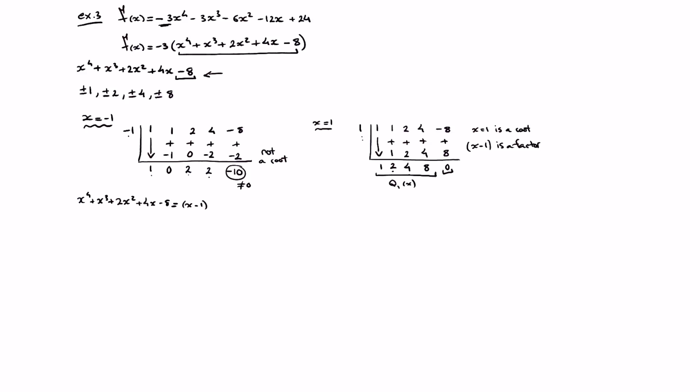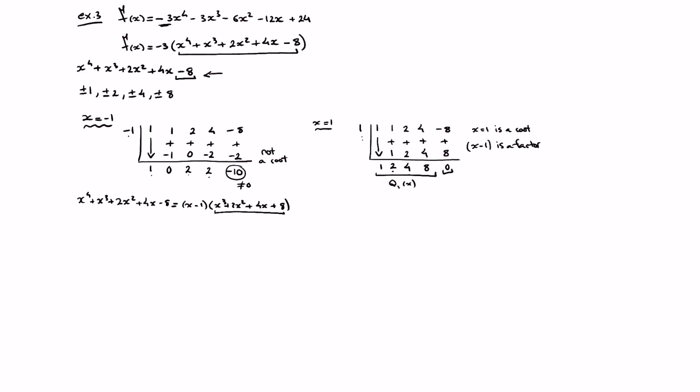And using the coefficients we have there, we can say that it's x cubed plus 2x squared plus 4x plus 8. We now focus on q1 of x, which I'm underlining, and we're going to carry on trying out these different factors of negative 8.